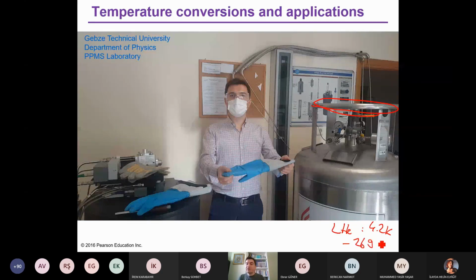Very low temperature. And if you are dealing with these temperatures, you must be very careful. You have to use special gloves.